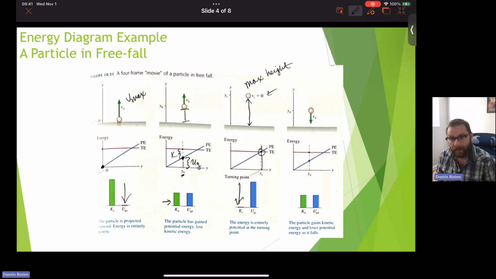Okay. Now we have all of this potential at the top. Same process is going to happen backwards. This ball is going to fall, gain some more velocity. So again, we have this healthy split between the potential energy and the kinetic energy. And essentially, as this ball falls in the physical world, graphically speaking, we're going to ride this potential energy slope down.